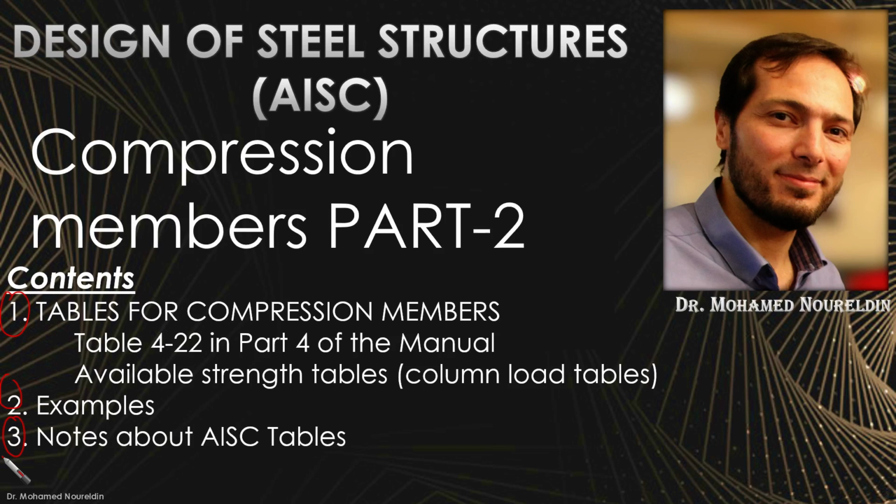Now, after understanding this video and going through the main steps using your manual, I'm sure you are going to be able to use the column tables for compression members efficiently, whether it is table 4-22 in part 4 or the available strengths tables, which we call column load tables.